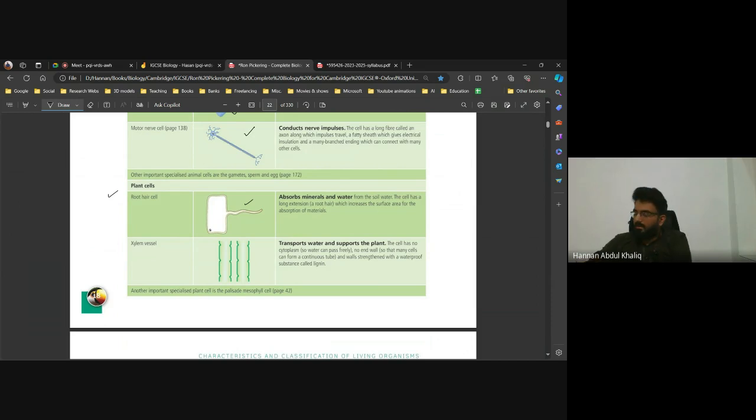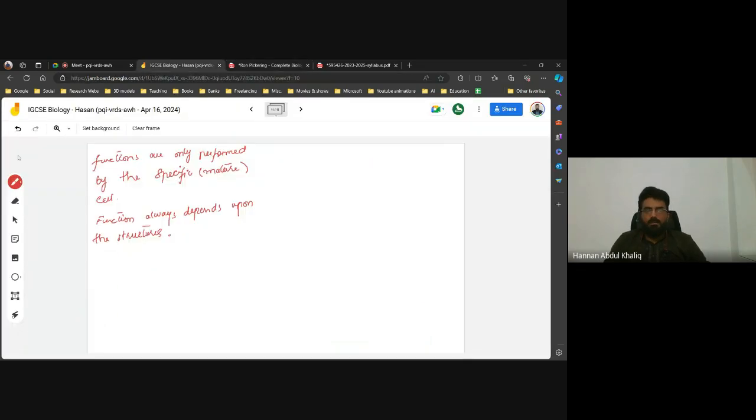And the root hair cells, these are hairy structures which give an extension to them. Why do they need extension? Suppose that this is a root.